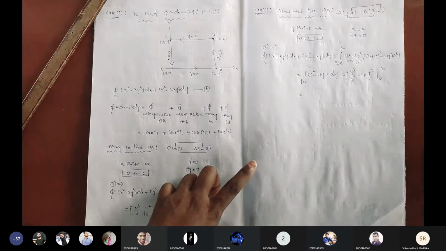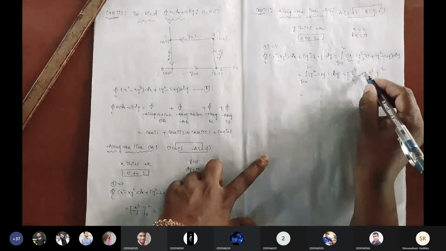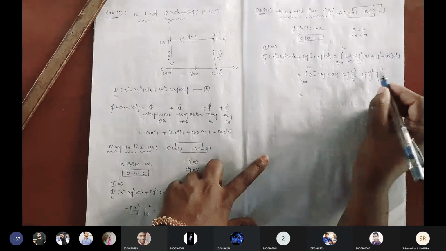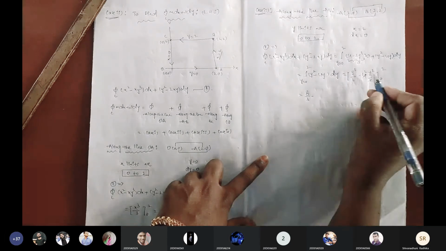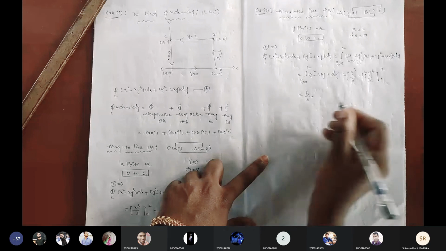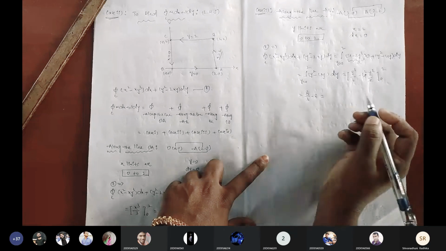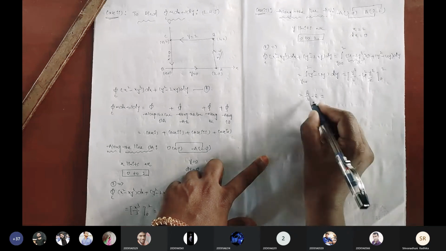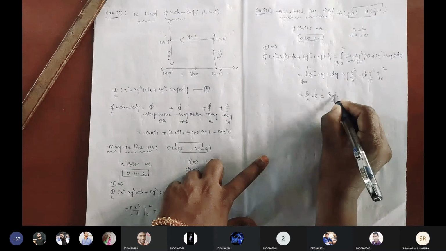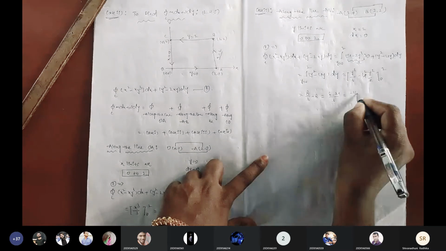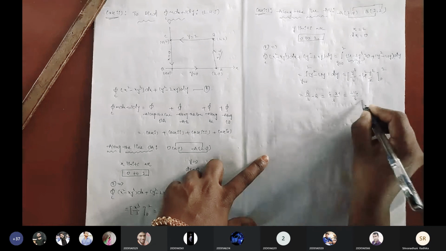Now substitute the limits here. 2 twos are 4, get cancelled. Y equals 2: 2 cube, 8 by 3, minus 2 square, 4 into 2, 8. Is it right? Now 8 by 3 minus 8, LCM 3, 8 minus 24. So what is the answer? Minus 16 by 3. Right?